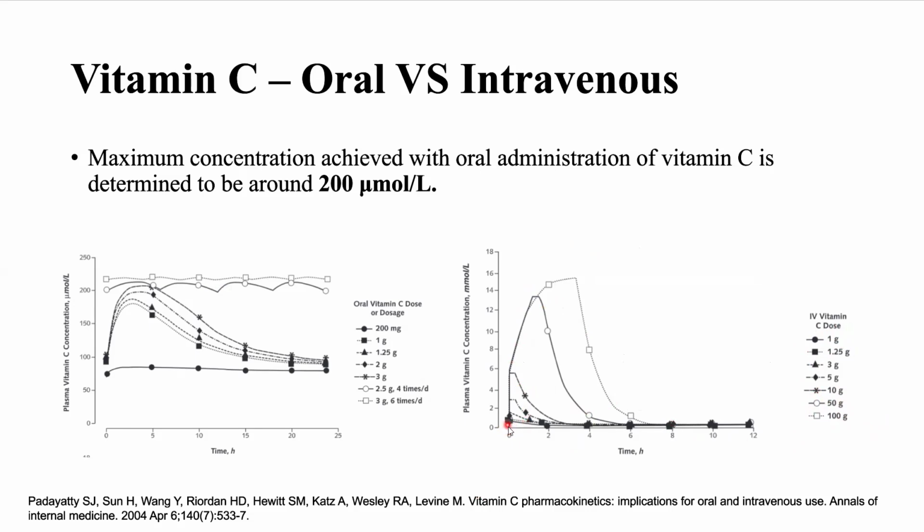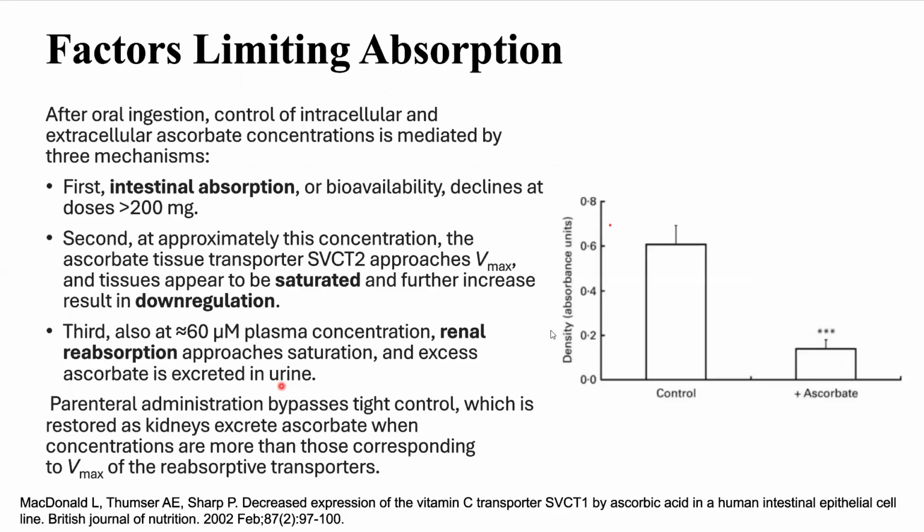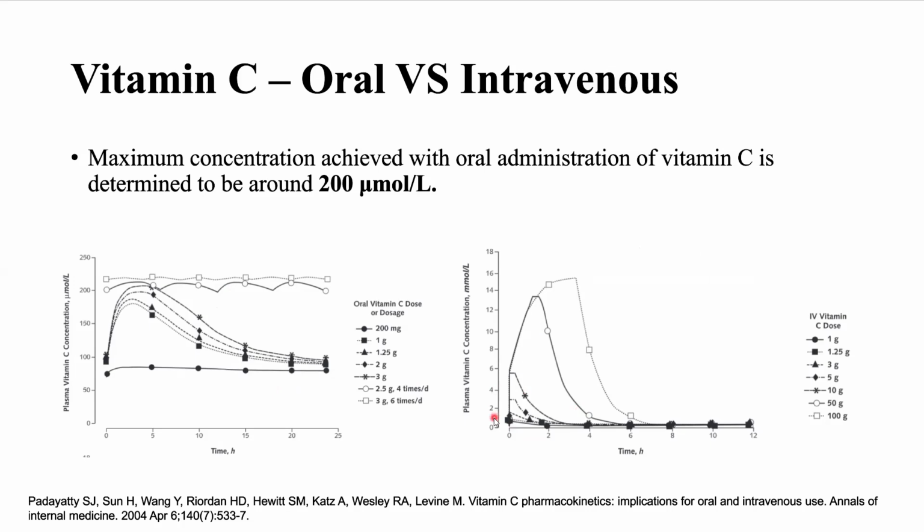Over here, with the low dose, it's very basic, less than 1 millimolar, right? And upon giving 100 grams, they could see around 15 millimolar concentration of vitamin C in the blood.